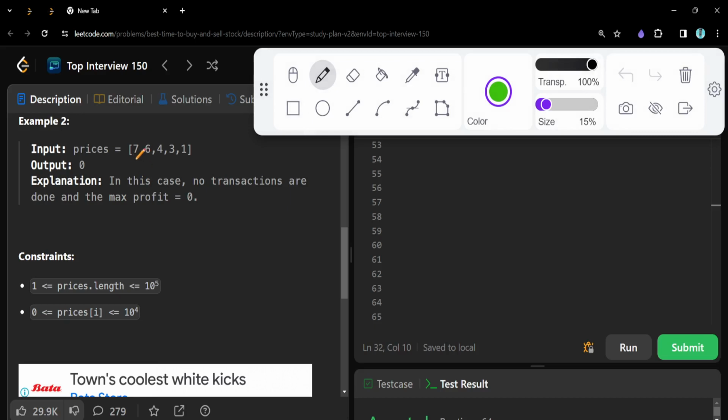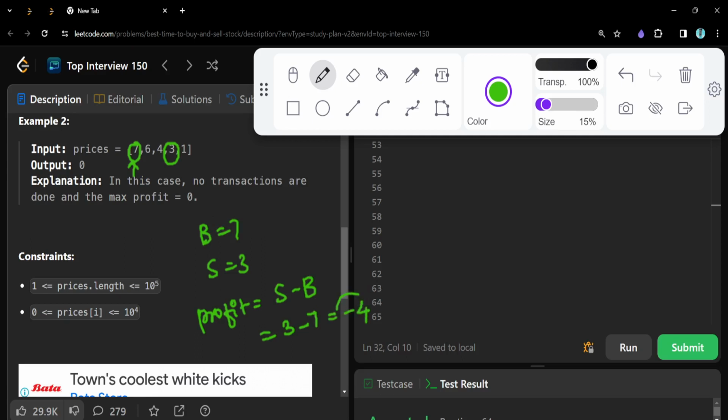Okay, so let's say if we choose to buy on any day, let's say this one, 7, and we sell on the third, at the price of 3. So what will happen? Buy is 7, sell is 3. So profit will always be sell minus buy, right? So sell is 3 and buy is 7.